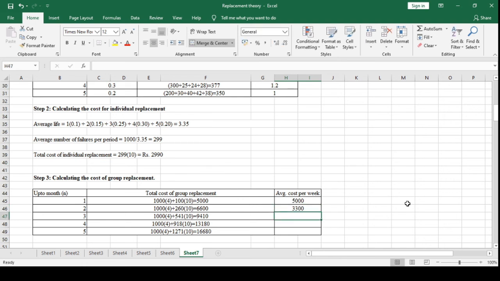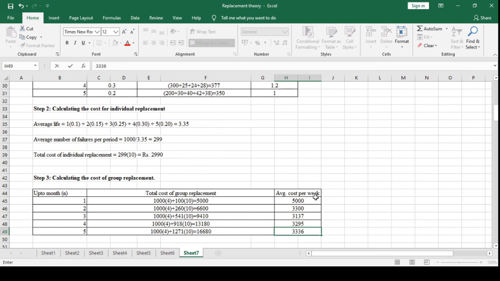For the third, 9410 divided by 3, so your answer is 3137. For the fourth month, 13,180 divided by 4, so your answer is 3295. And for the last month, 16,680 divided by 5, so your answer is 3,336.